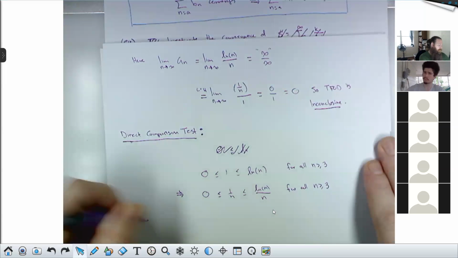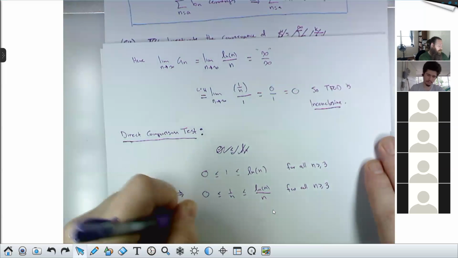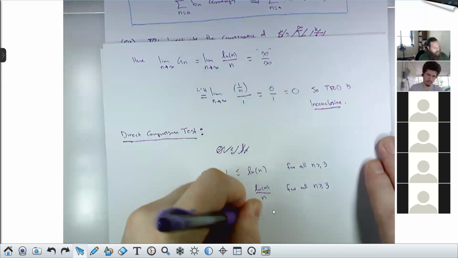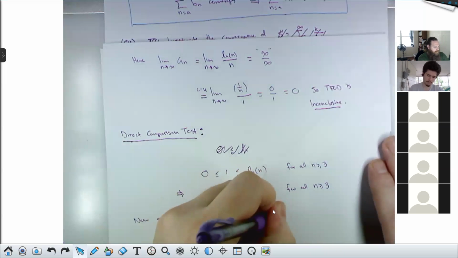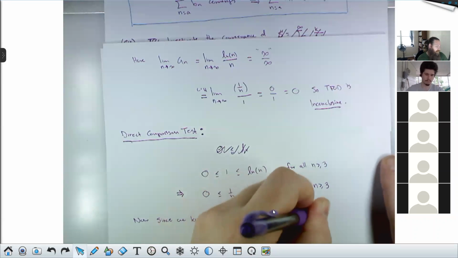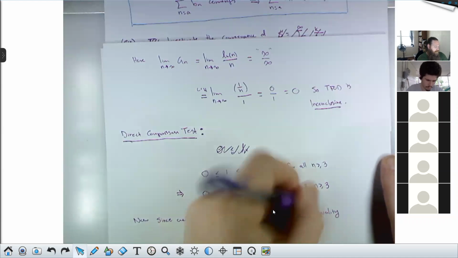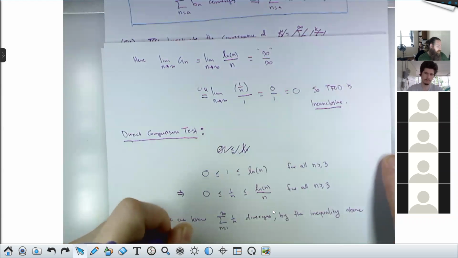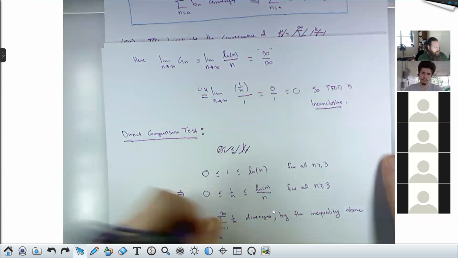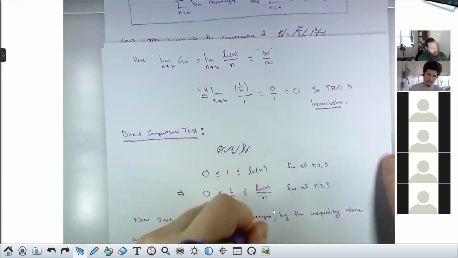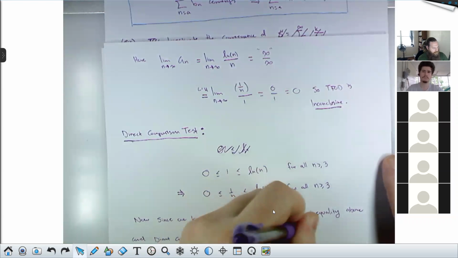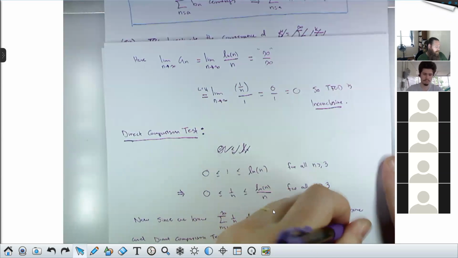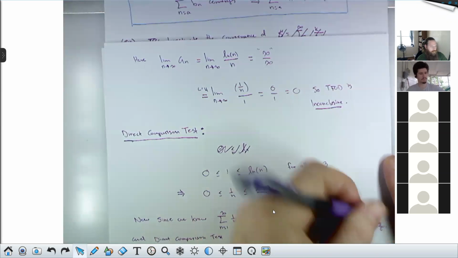Now, since we know that the sum from n equals 1 to infinity of 1 over n diverges, by the inequality above and the direct comparison test, our series S equals the sum from n equals 1 to infinity of natural log of n over n must also diverge.